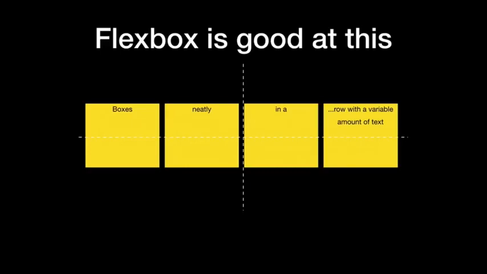A few years ago, it seemed like Flexbox was going to change all this. And in some ways it did. Now, suddenly we could put elements side by side, make them equal height, without resorting to hard-coded heights or JavaScript.